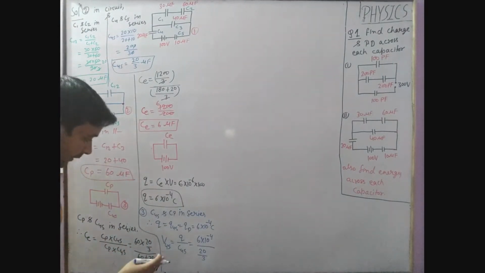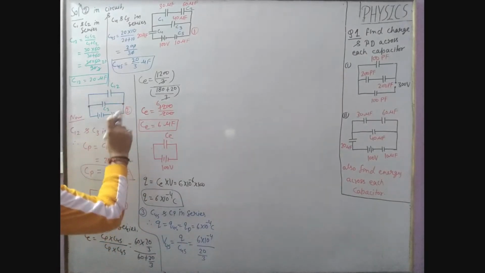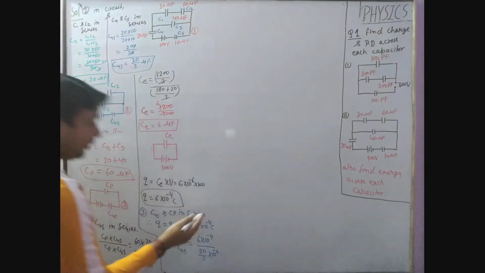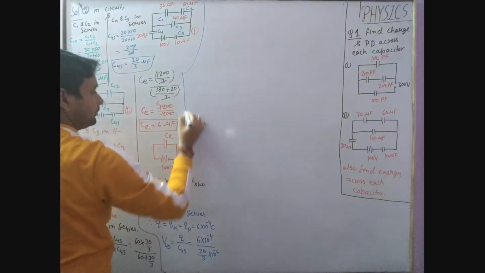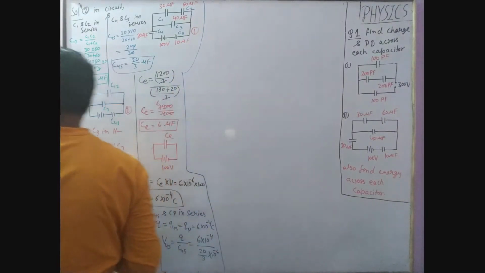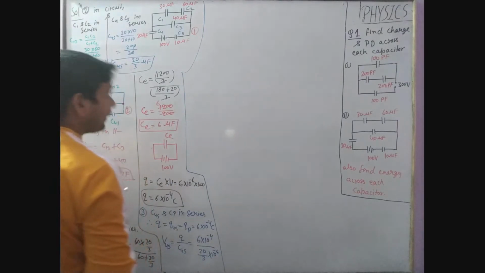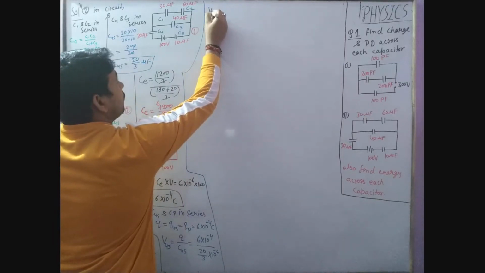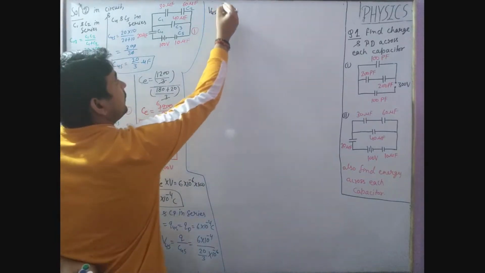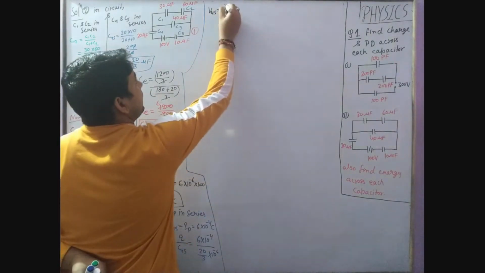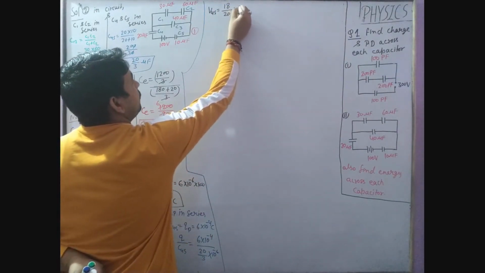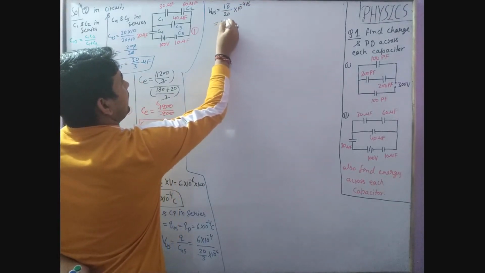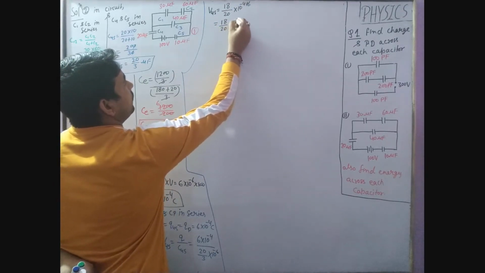Now value of this is microfarad, which means 10 to the power minus 6. Okay. Now we just solve this value. V45 is equal to 6 into 3, 18 by 20 into 10 to the power minus 4 plus 6, that is 18 by 20 into 100.